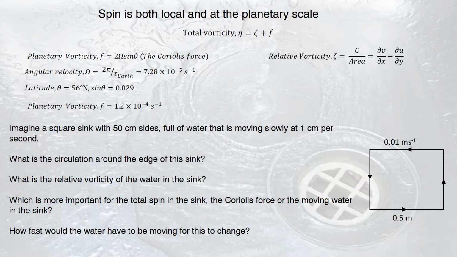When does that equal the planetary vorticity? So you can see I'm able to do things with this maths. I could set this equation to 1.2 times 10 to the minus 4. When does that equal our speed?